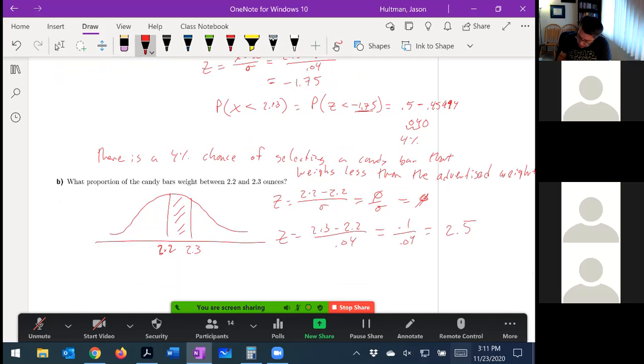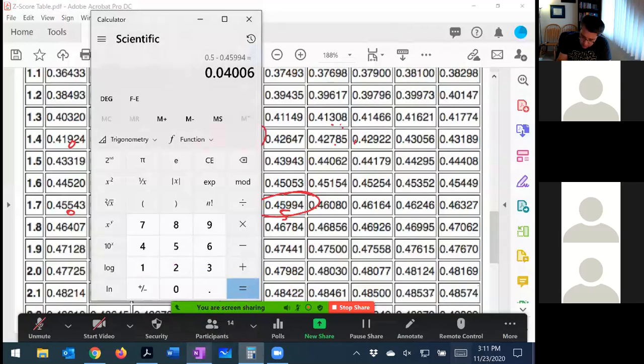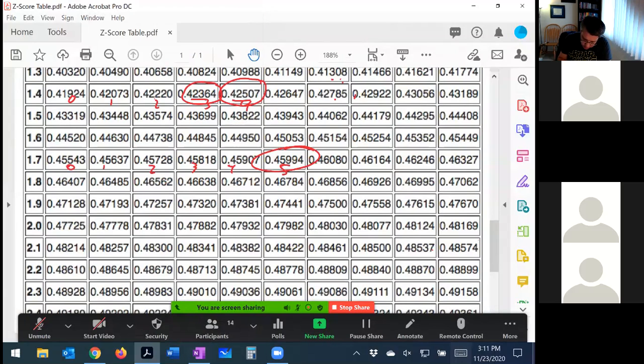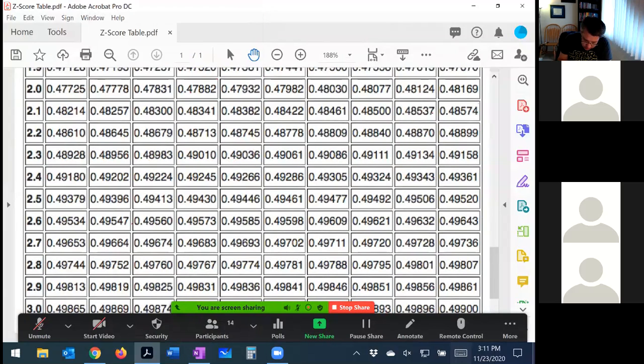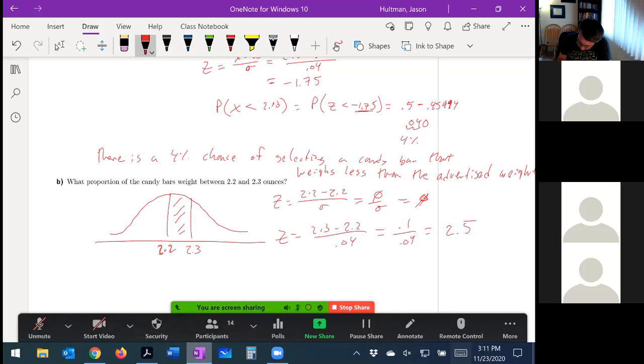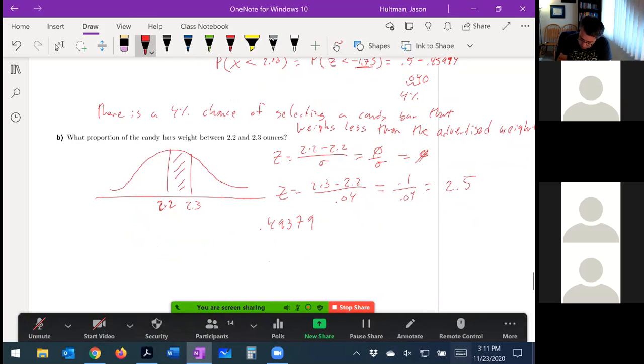Now I have to see, what's my table value for 2.5? Table value for 2.5 is 0.49379. What's the proportion though?